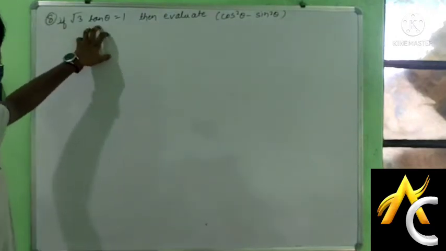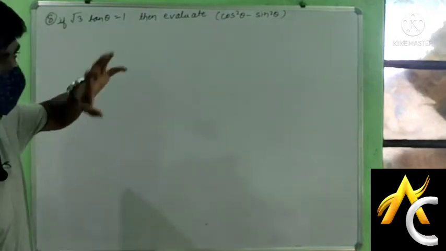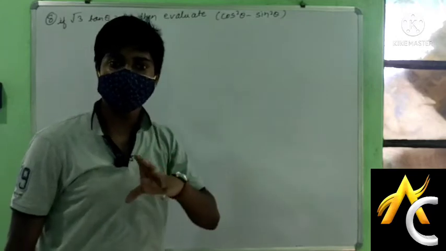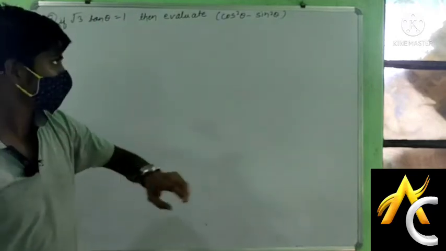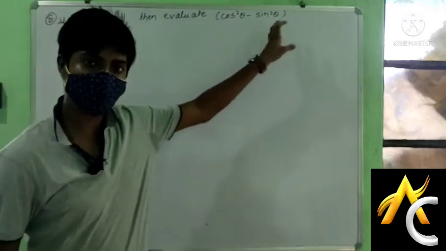From here we can find the value of tan theta and then find all sides of the triangle, so that after that we will find cos theta and sin theta and then put the value here.